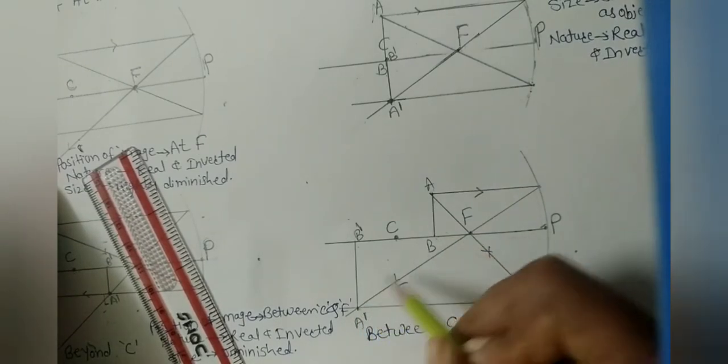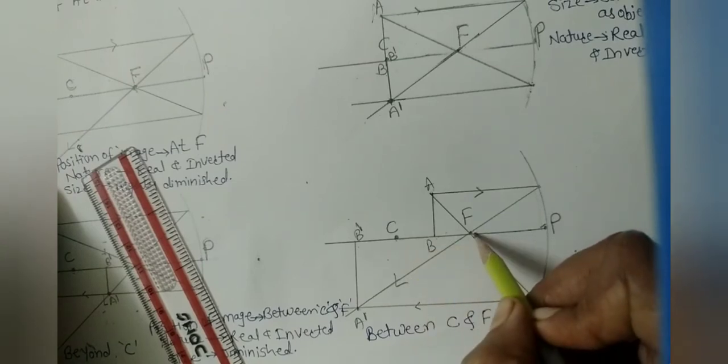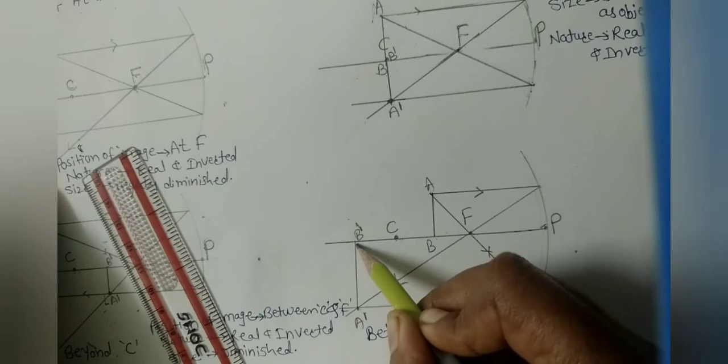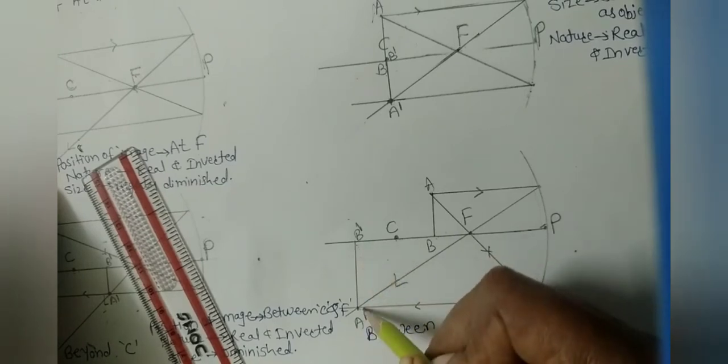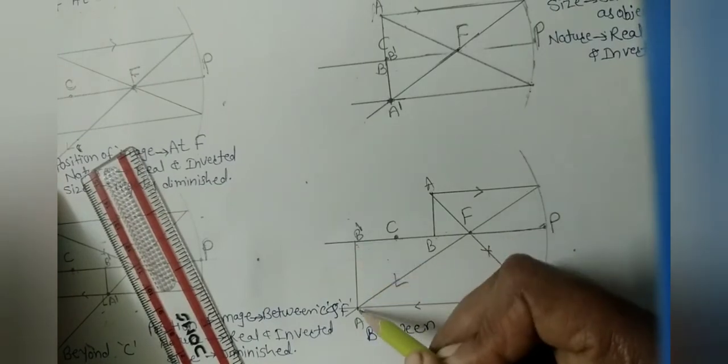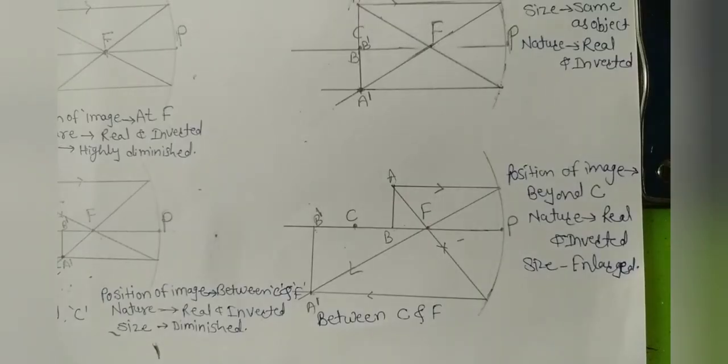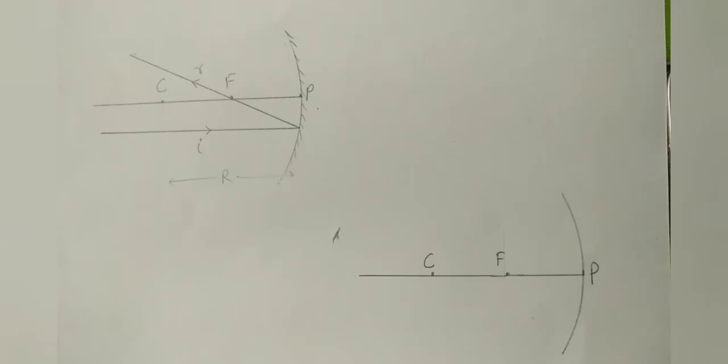So when the object is placed between C and F, we obtain its image beyond center of curvature, which is real and inverted, and the size of image is magnified. That is, the image forms beyond center of curvature, real and inverted, and magnified or enlarged image we obtain.